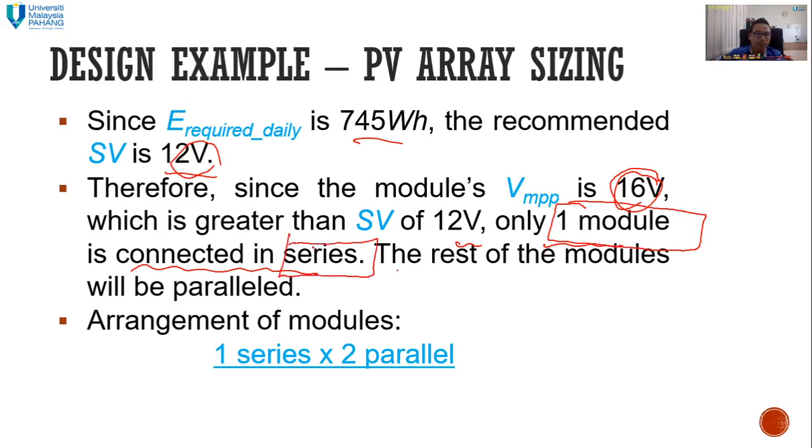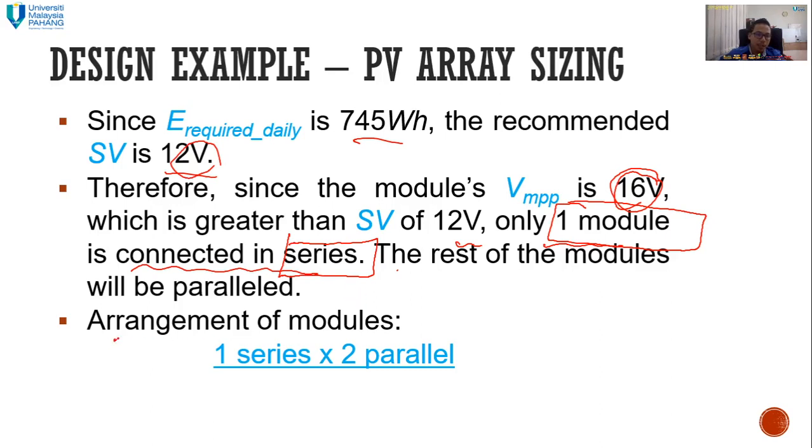So the rest of the modules will be parallel. Maybe my spelling is wrong, but it's okay, so you can understand. Sorry for the misspelling. Because we have 2 modules, one module is enough for the series, so the other one will be parallel.